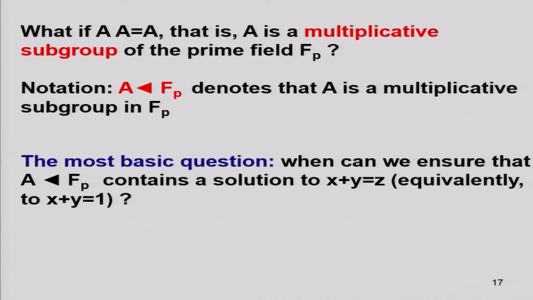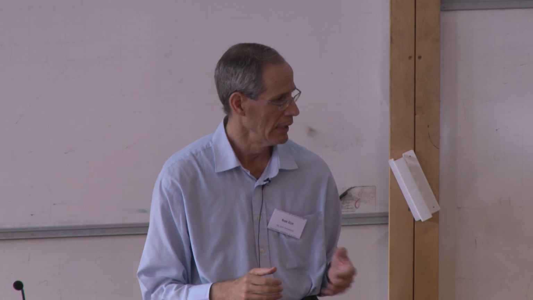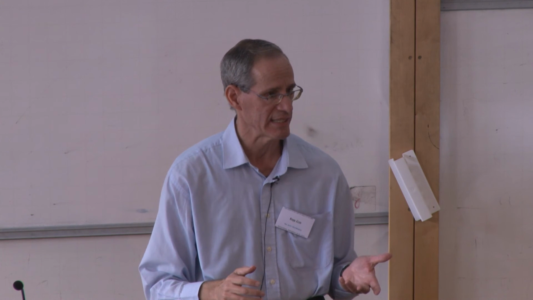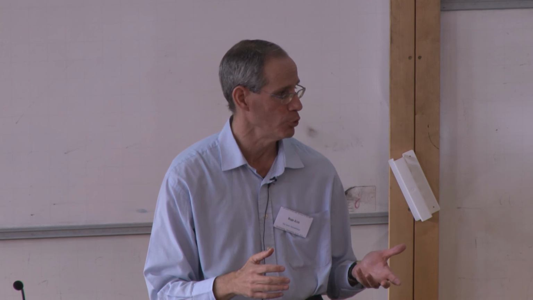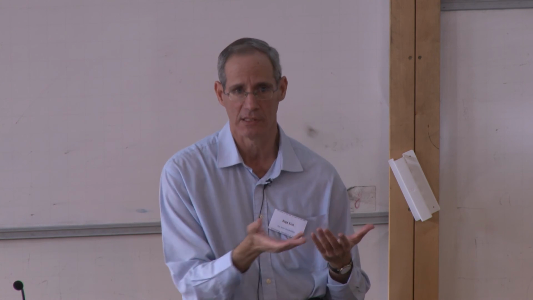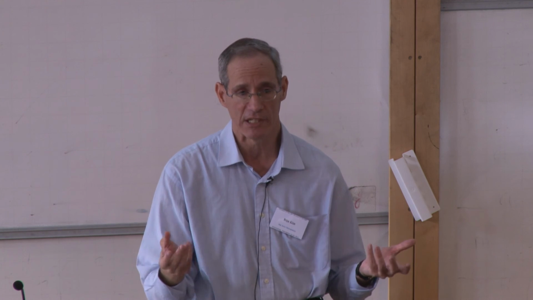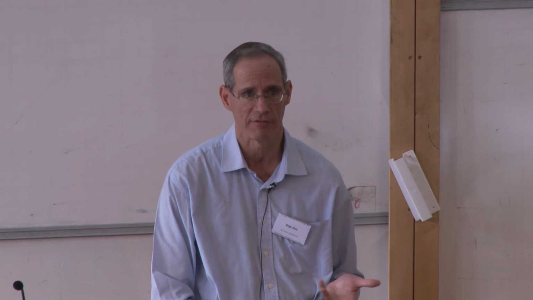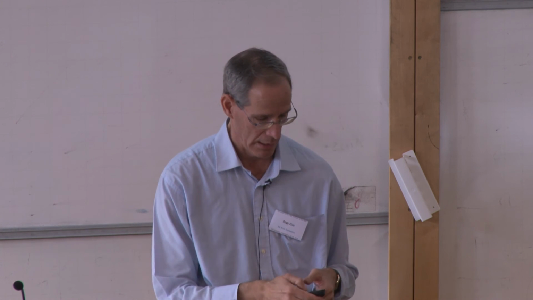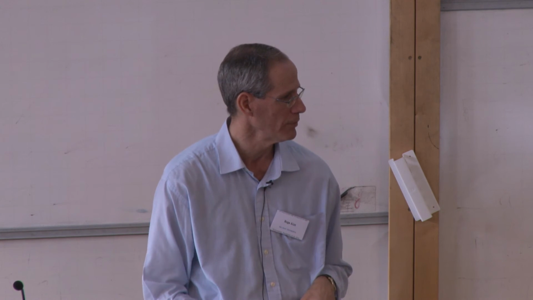Because it's a subgroup, we can divide by z, and this is equivalent to saying that it has a solution to x plus y equals 1. Now, it makes sense to suspect that when the group is very big, like everything, then it would have relations. When it's very small, like -1 and 1 only, then it will not have such a solution, maybe. And we want to know something of this form.